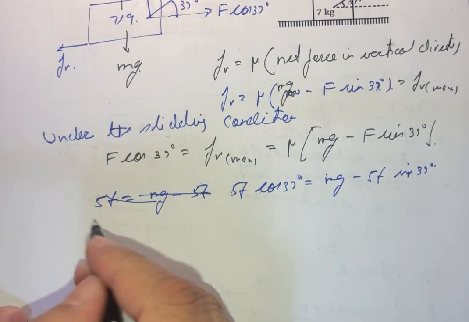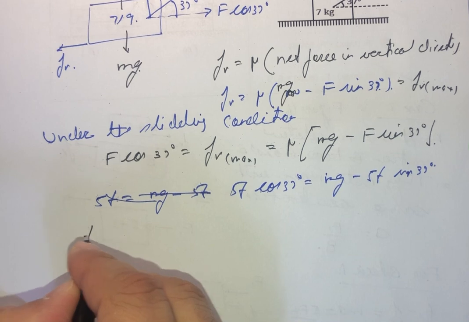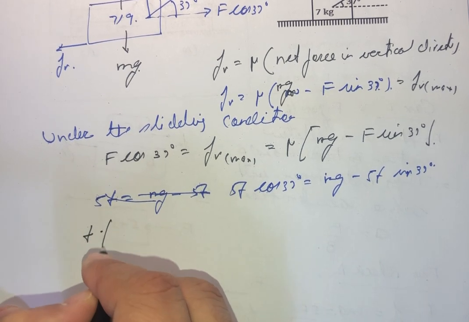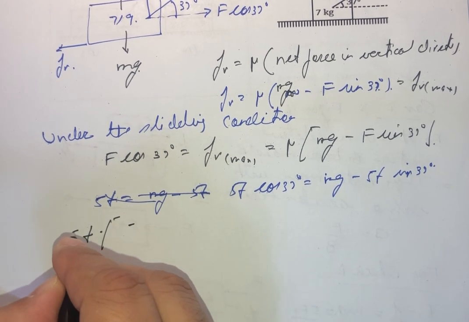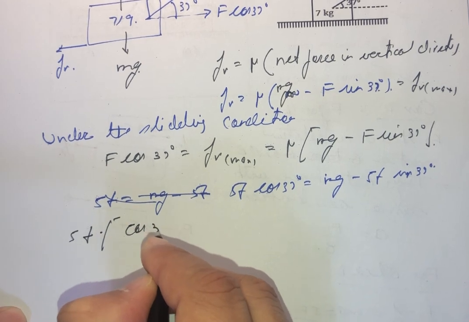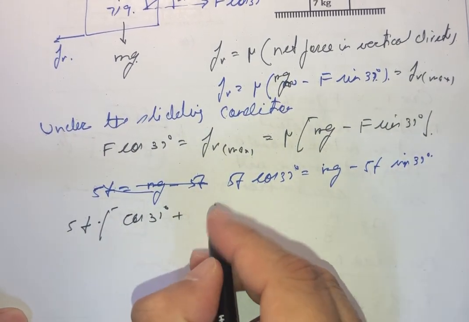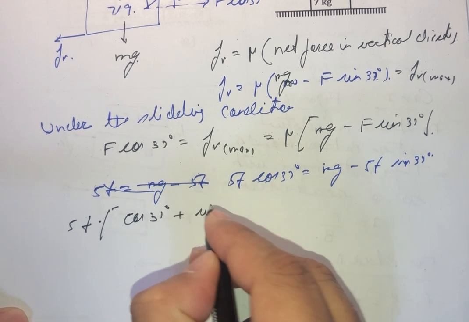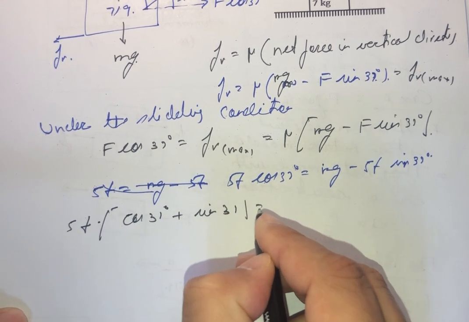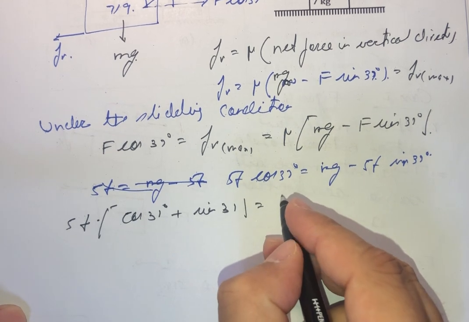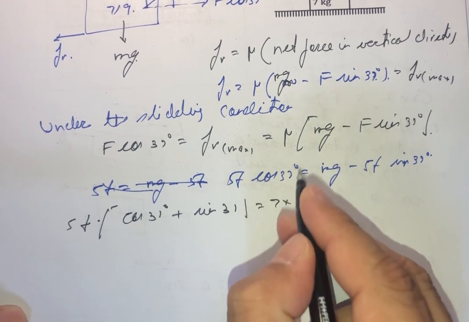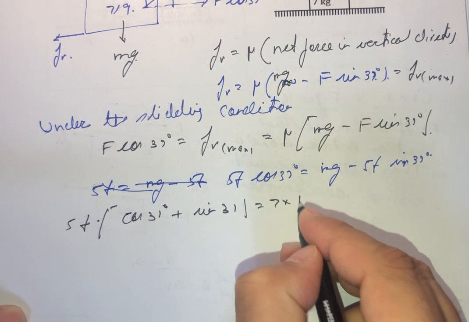So we can write this, taking 5t as common, cos of 37 plus sine of 37. M is given as 7 and g is asked to be 10.